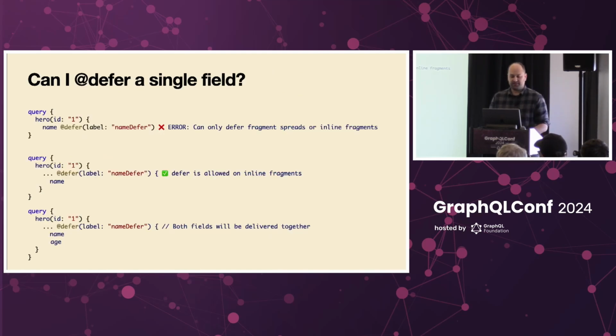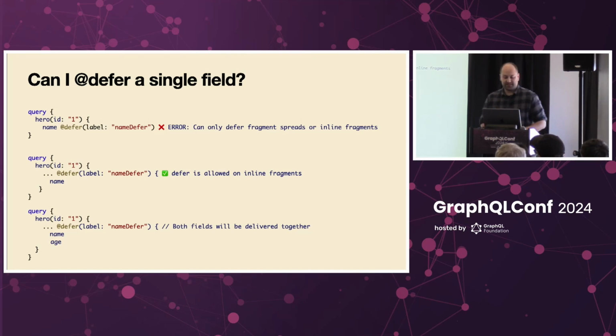A lot of people ask us if you can put defer just on a field, and we decided not to allow this in the spec. If you do want to defer only one field, you can wrap it in an inline fragment, like in that second example.